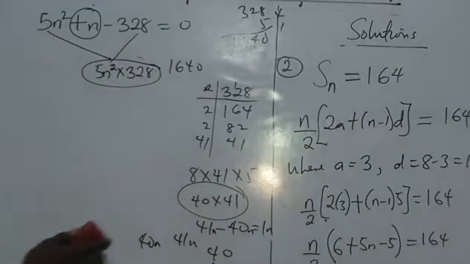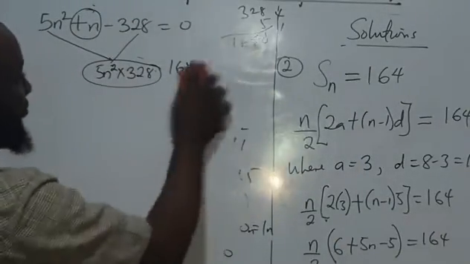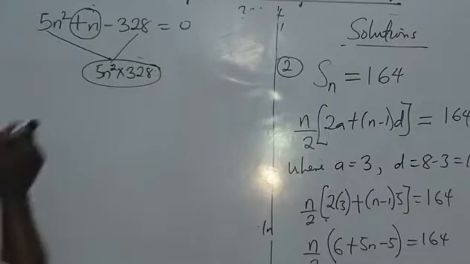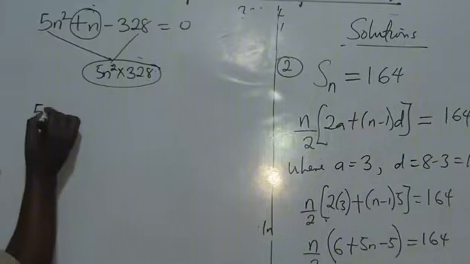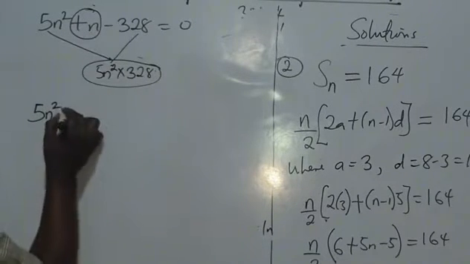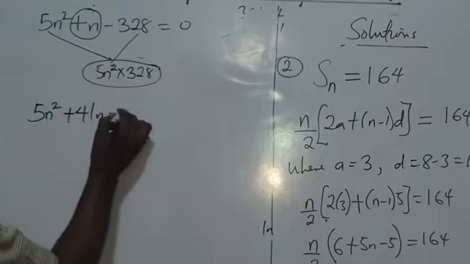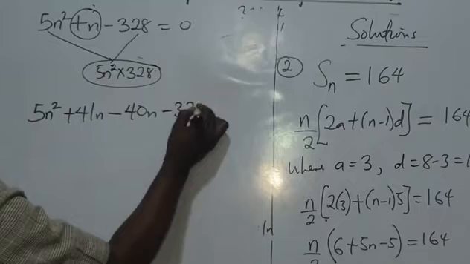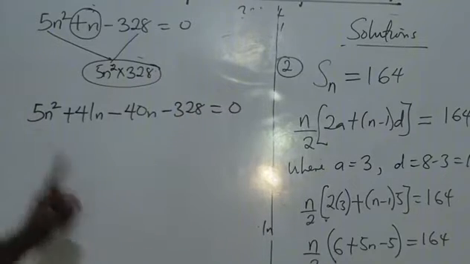So this means we're going to have this 5n squared. Instead of writing n, we're going to write 41n minus 40n minus 328 equals what? 0. Now take note of this.